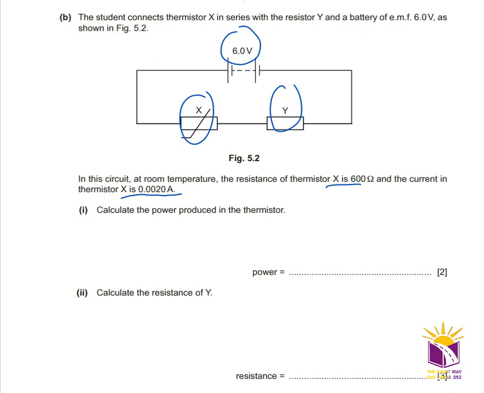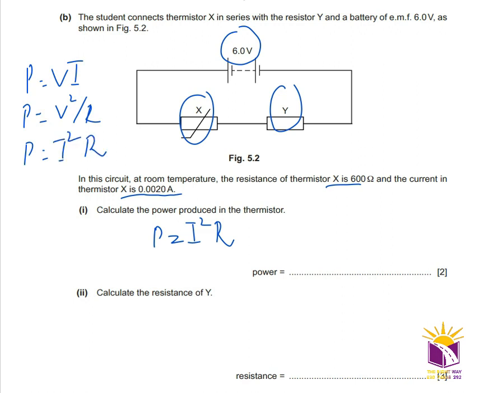Calculate the power produced in the thermistor. We have three formulas for the power: P is equal to VI, P is equal to V squared divided by R, and P is equal to I squared R. I am using the formula I squared R because we are given current and resistance.